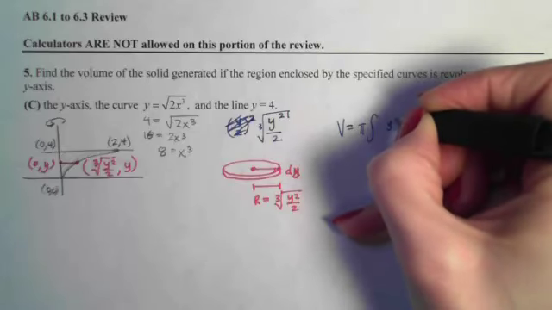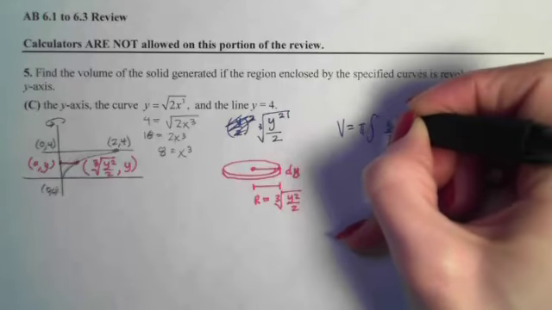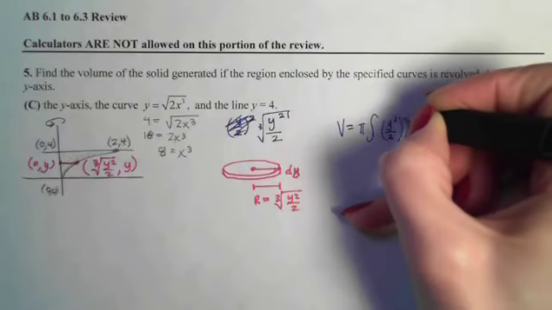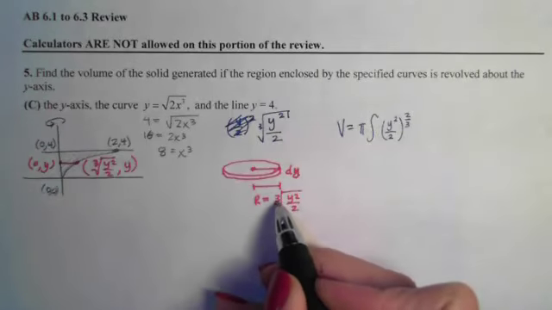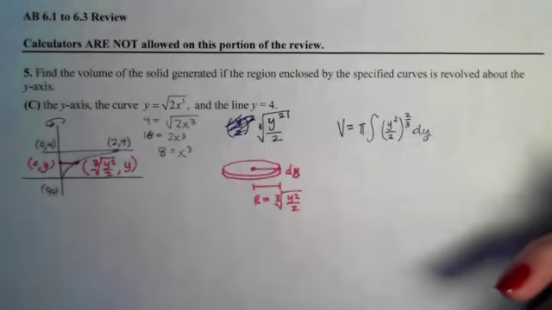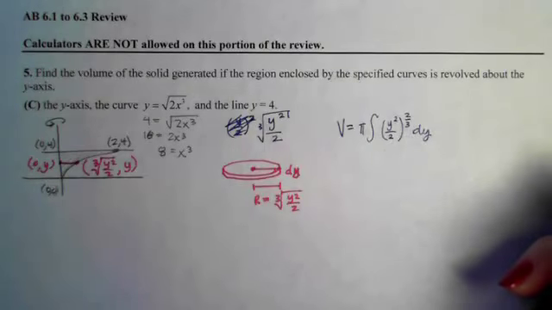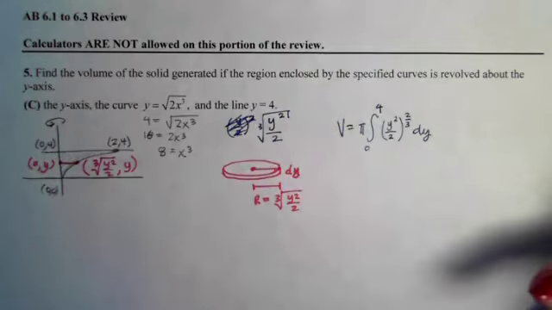So I have y squared over 2 to the 2/3. This is a 1/3, so then we square, we get a 2/3, dy. And we will go from 0 up to 4. Those are my y values.